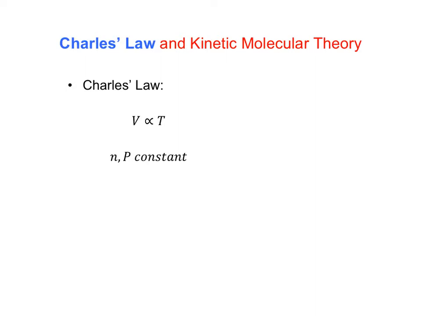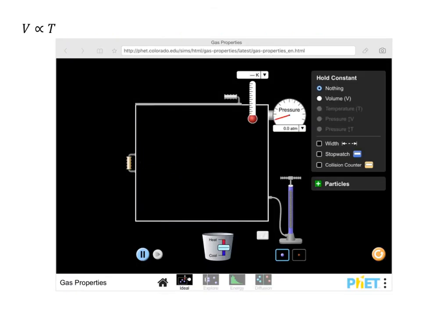Charles's law tells us that the volume and temperature are directly proportional. And then, of course, we're going to keep the moles and the pressure constant. All right, let's get our system started. And just a reminder, volume and temperature are directly proportional.